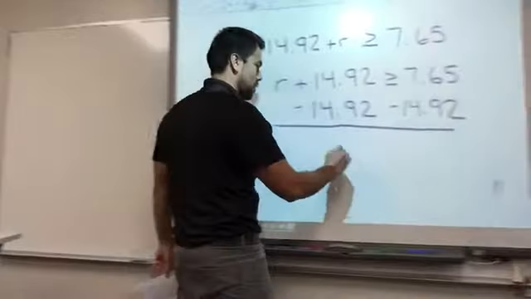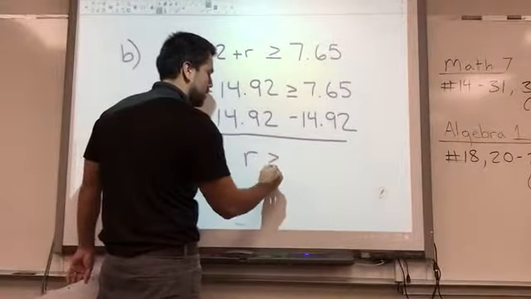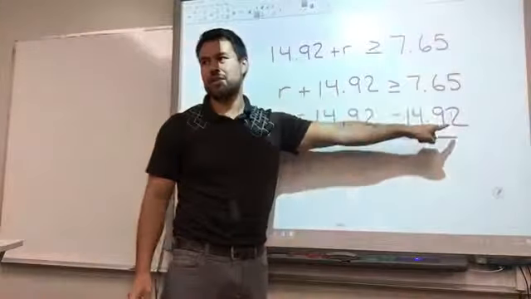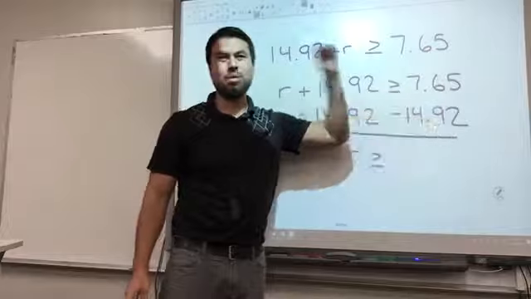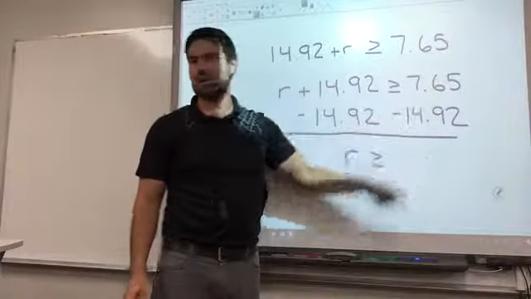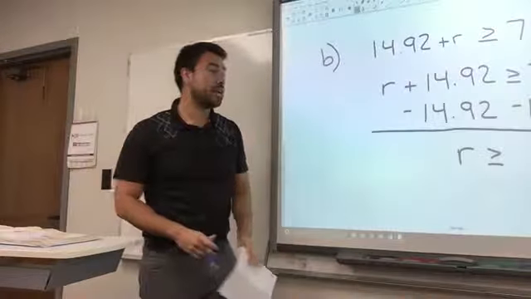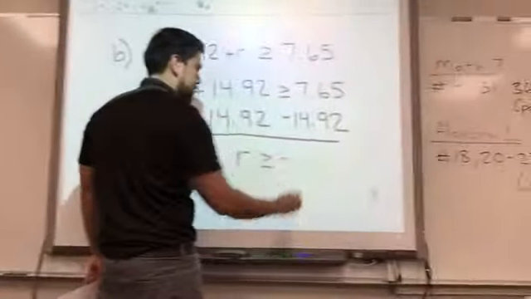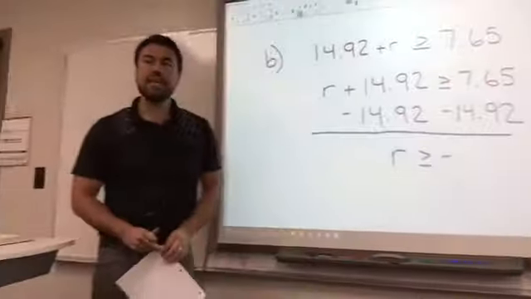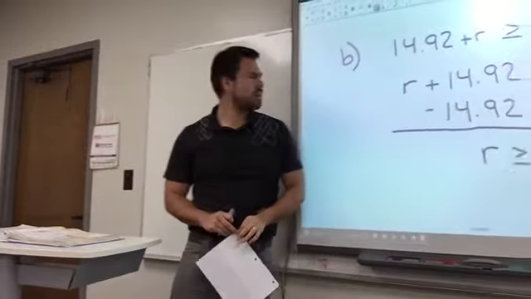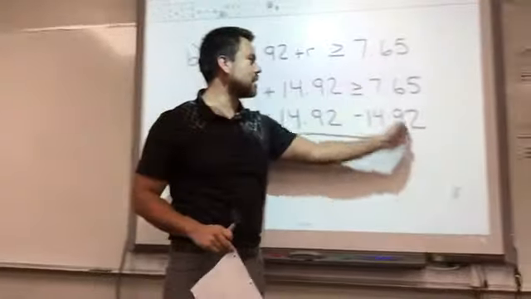Okay, so let's see here where we're at. I get r is greater than or equal to. Now, before you start working this out, what red flag came up? Marissa? Okay, your answer is going to be negative. We do understand that. But then, do I work it out just the way it's written up there? Really, why not? I mean, isn't 5 minus 2, 3, and then just borrow?